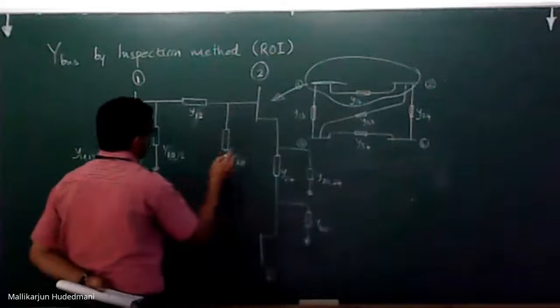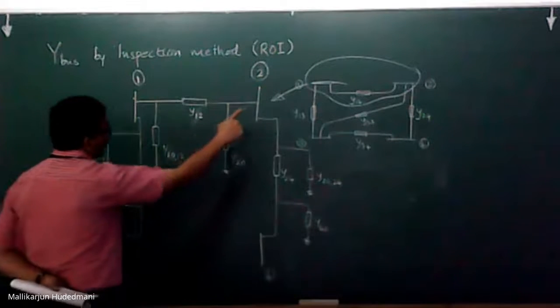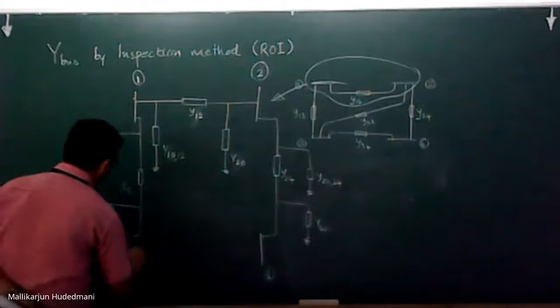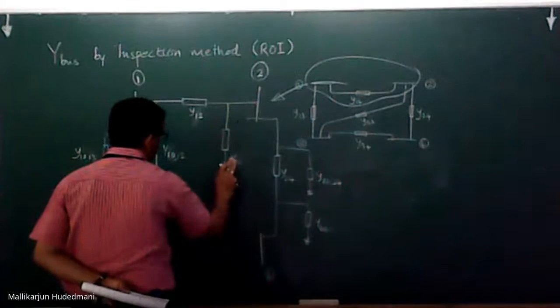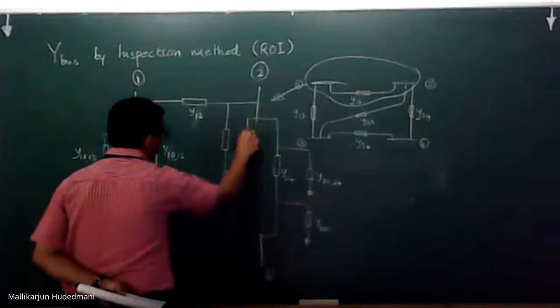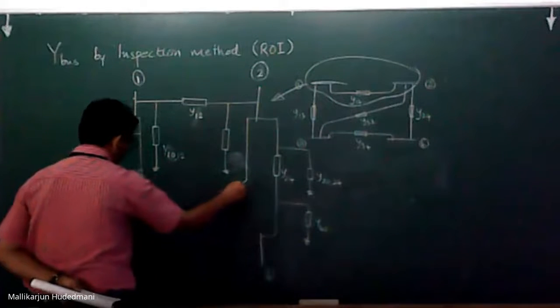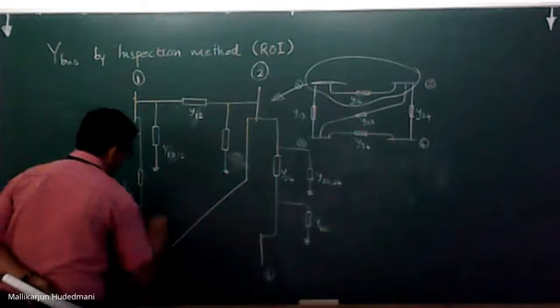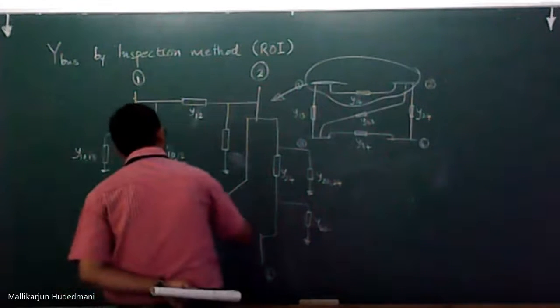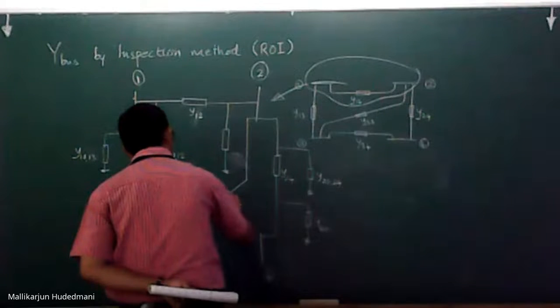I'll come back. Then, when I have 2 to 3, let us take one line here. Can I connect this way? I extend this, also I delete. Time being, I just take, I connect this way. This I will enter the elemental data over here.